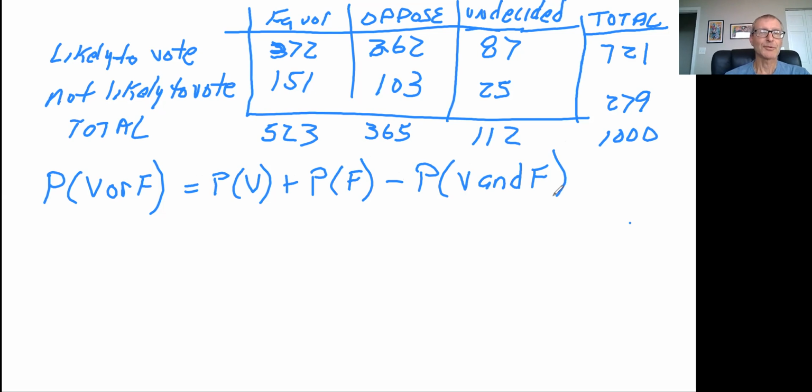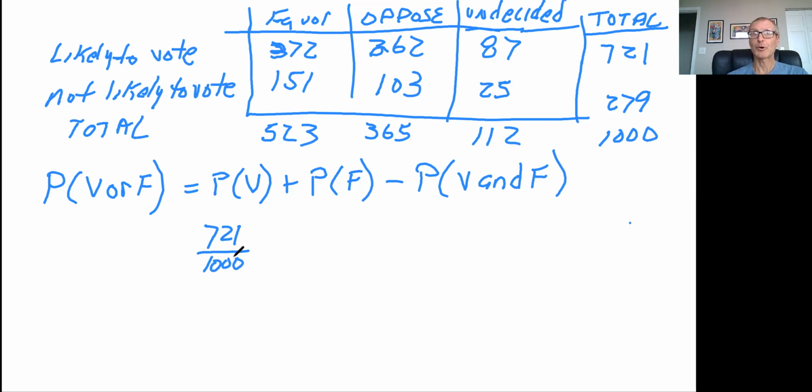You can see the probability of voting is adding this first row here. So this is the total, and the likely voters would be out of 1,000. So that would be 721 out of 1,000.